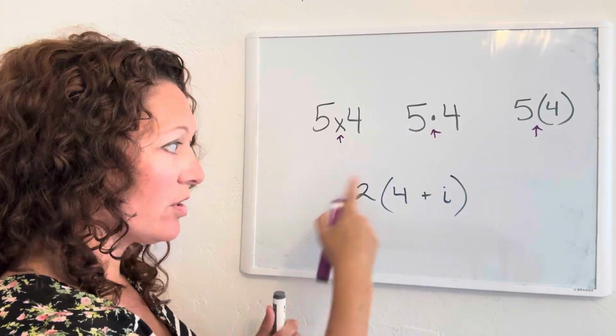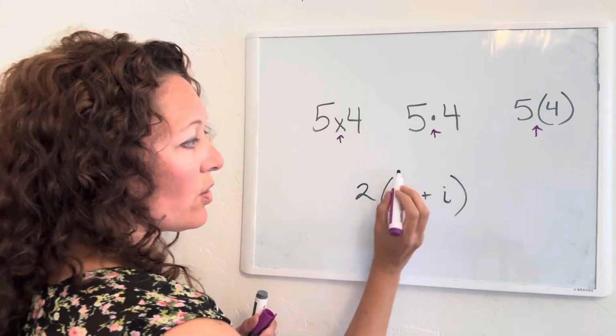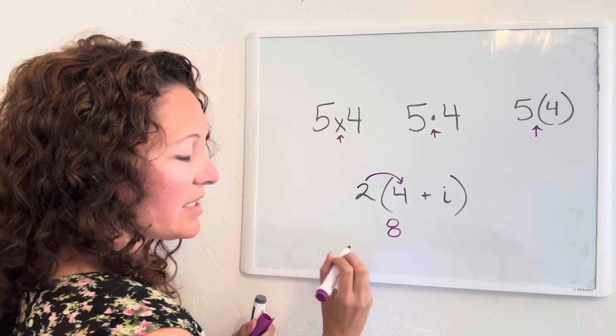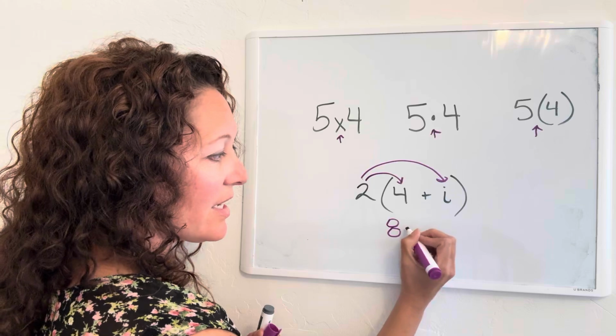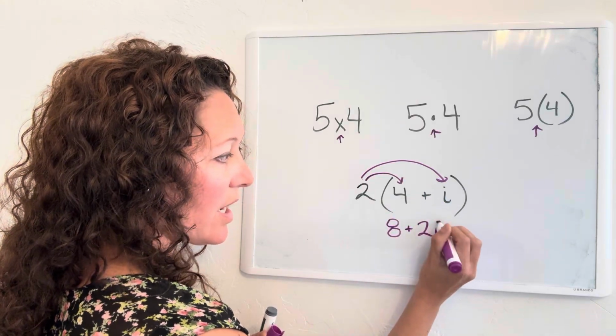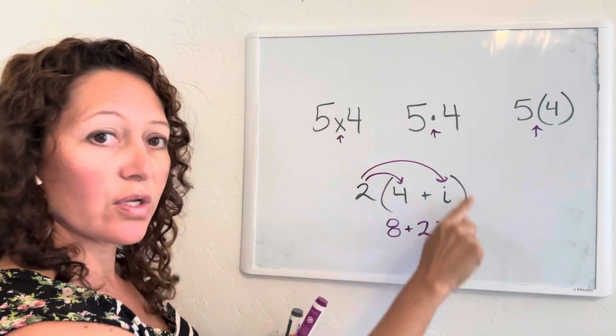So you have to make sure you're distributing to all the terms within the expression. So this would be 2 times 4, which gets us to 8. This would also be 2 times i. So we're going to bring down our plus. 2 times i is 2i. So in that case, you have to just make sure they're distributing it.